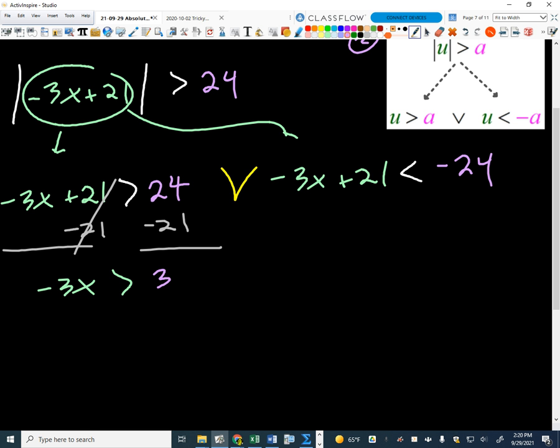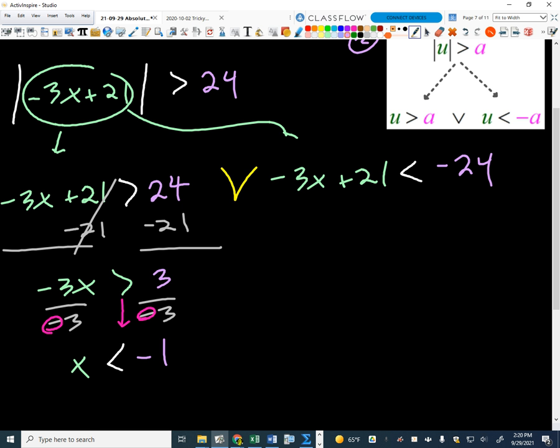Okay, now what? Divide by negative 3. What did I hear? Flip the inequality. Very good. We've got this negative there, right? So we've got to flip this guy around. So that's now going to become a less than. And I just end up with x is less than negative 1.